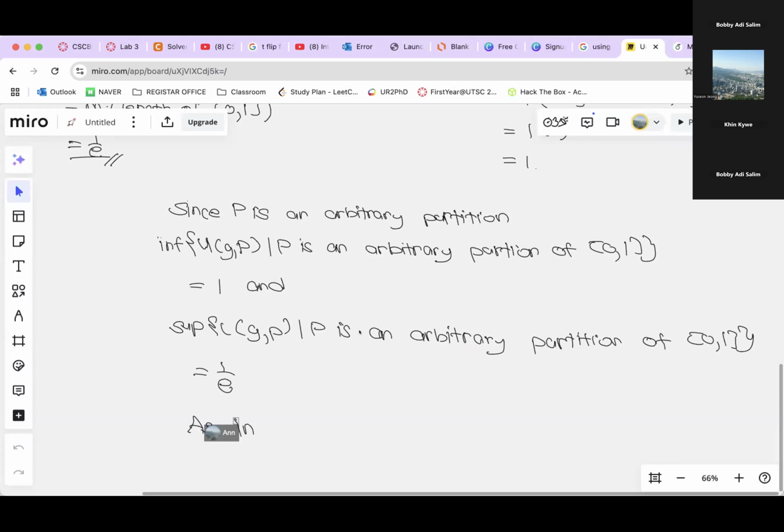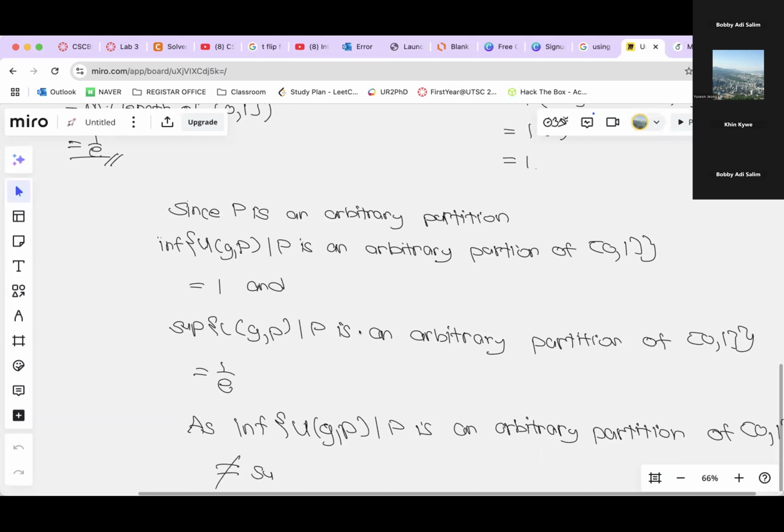As the infimum of U of G, P such that P is an arbitrary partition of [0, 1] is not equal to the supremum of L of G, P such that P is an arbitrary partition of [0, 1].